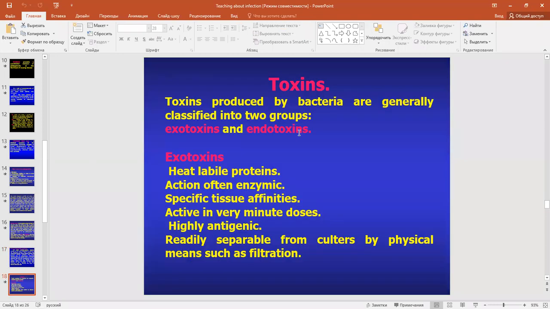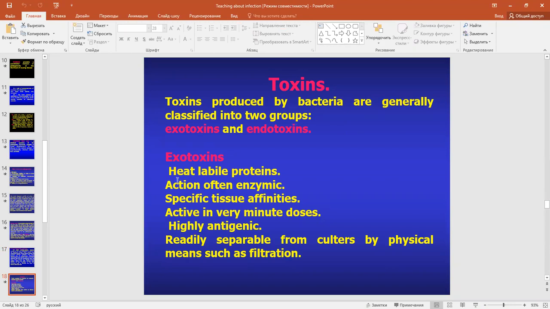Then toxins, a very important part. Toxins produced by bacteria are generally classified into two groups. So memorize, bacteria are able to produce exotoxins and endotoxins. And these are the characteristics of exotoxins you should learn by heart. Exotoxins, what are they?